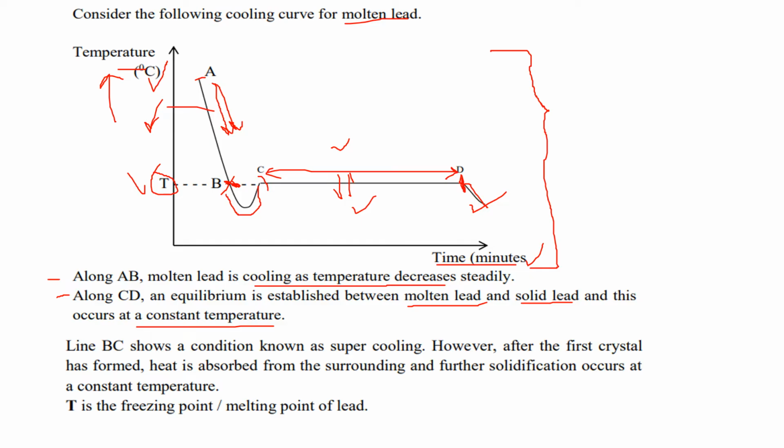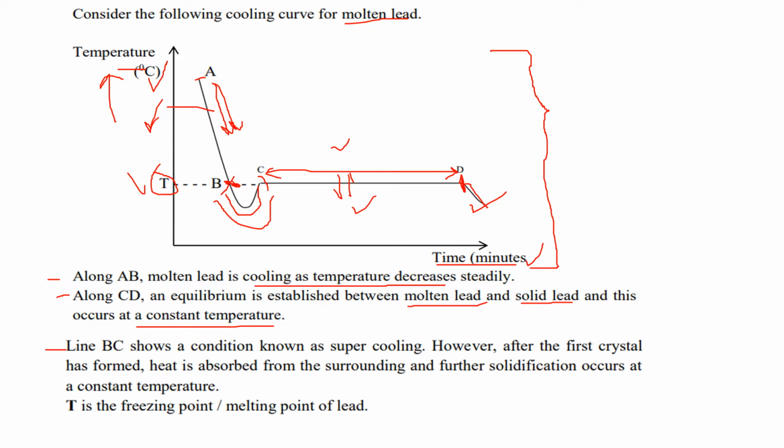Now what are we saying about curve BC? Remember I've told you that for BC we only get this trough with pure molten components. We cannot get this trough from mixtures or from any mixed compound.